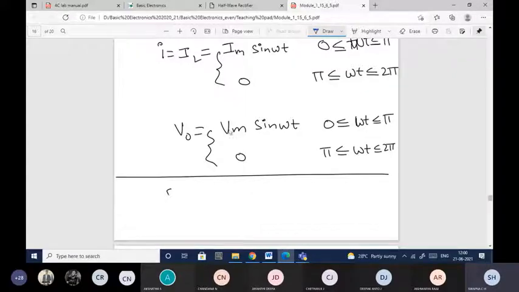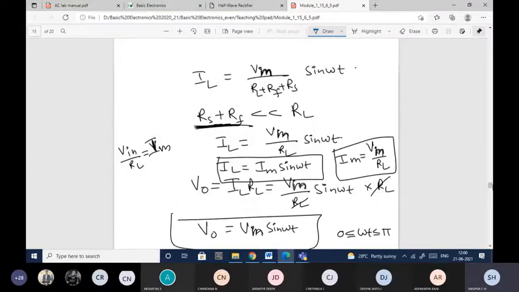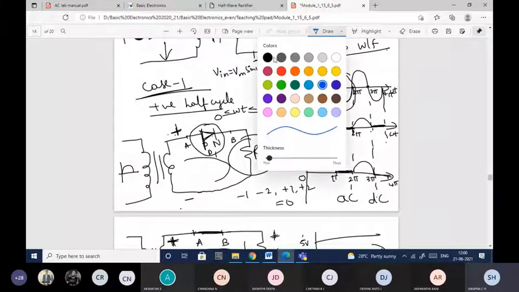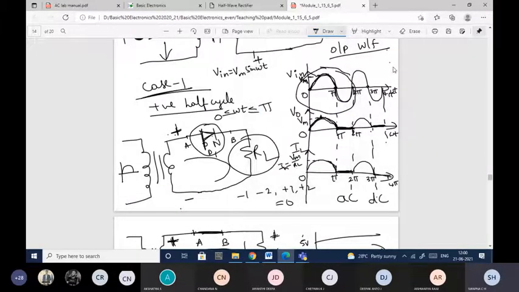If you just look at the waveform, it is not pure DC. Pure DC should have some constant value throughout. But here, if you observe, it is pulsating DC, which means it has both an AC component and a DC component present in it.